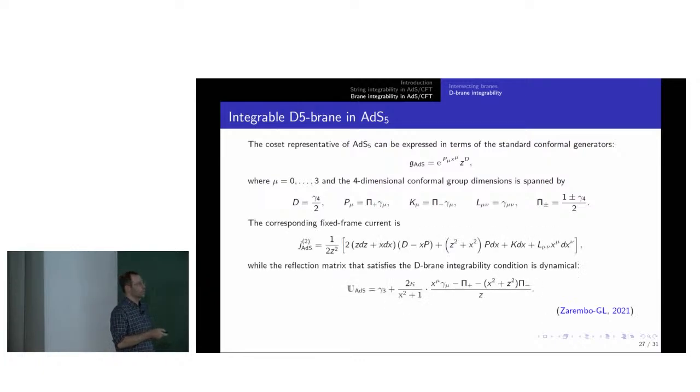The reflection matrix is just the Dekel-Oz constant reflection matrix, gamma 3, plus a structure that depends on both the coordinates and the spectral parameter. That was my work with Zarembo in 2021. And of course, as I said, in the K equals 0 case, where K is here, if this is 0, then this is a constant matrix which fits perfectly with exactly the Dekel-Oz result.